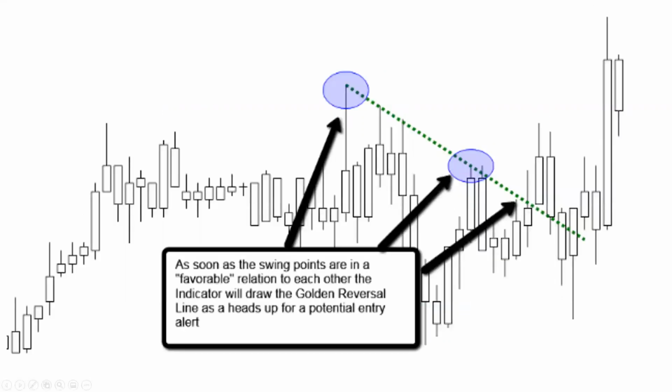As soon as the swing points are in a favorable relation to each other, the indicator will draw the golden reversal line as a heads up for a potential entry alert. So the tool is detecting favorable conditions for an entry.